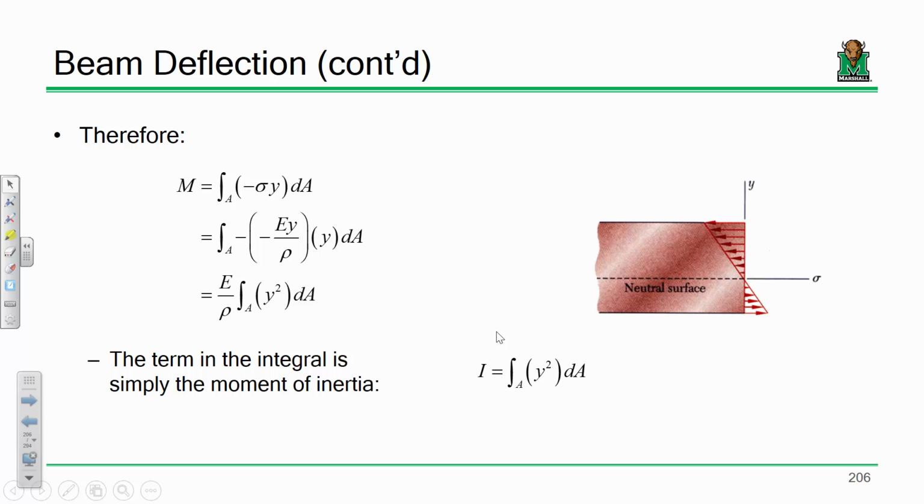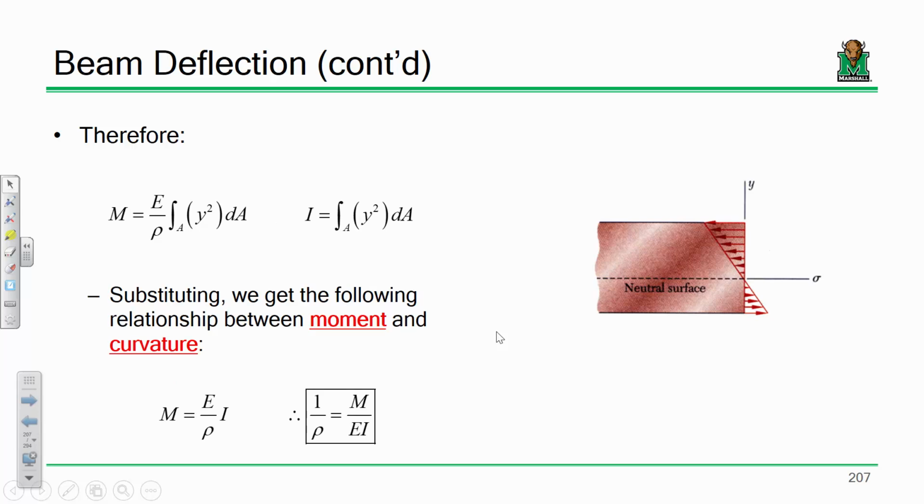I don't think it should be surprising that the moment of inertia pops up in beam deflection. It popped up in bending stresses, so it's reasonable that it's popping up here. So I have M equals E over rho times this integral, which is just the moment of inertia, and I get that box down there.